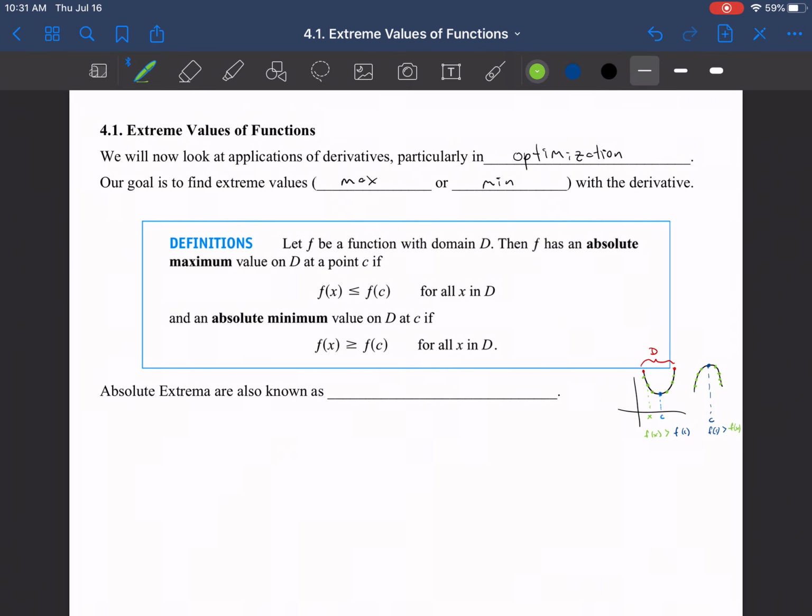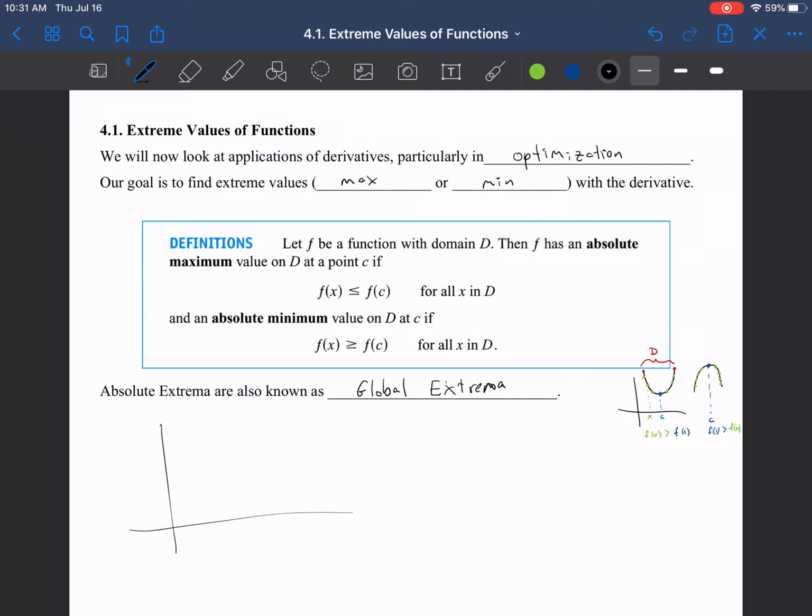If we have an absolute extrema, they are known as global extrema. What I mean by that is it's not just the highest or lowest point on a specific domain, but the highest or lowest point of the entire function if you're looking at the whole domain.